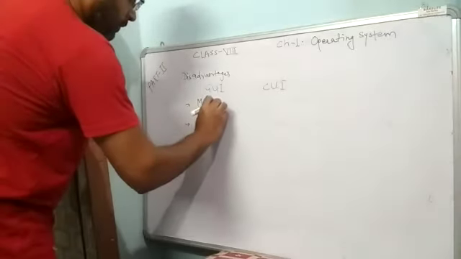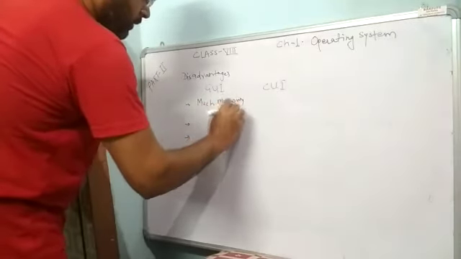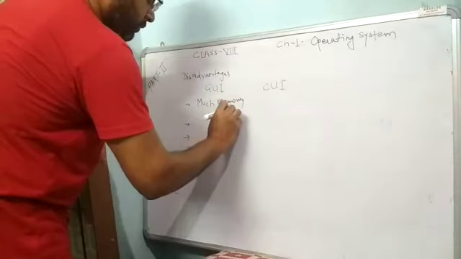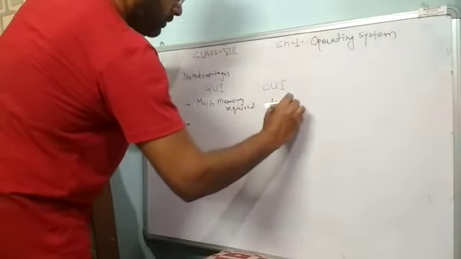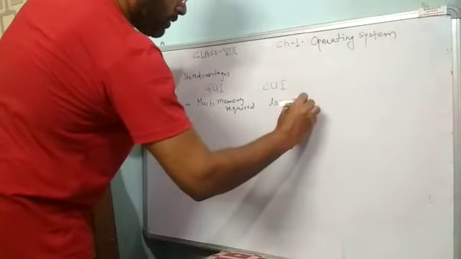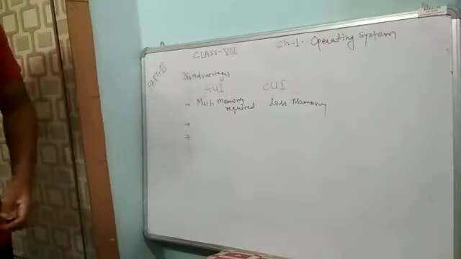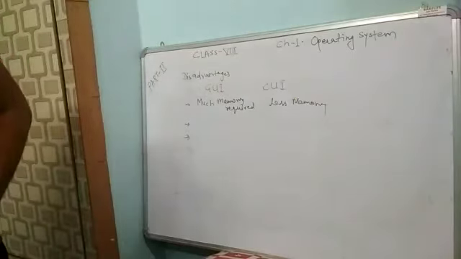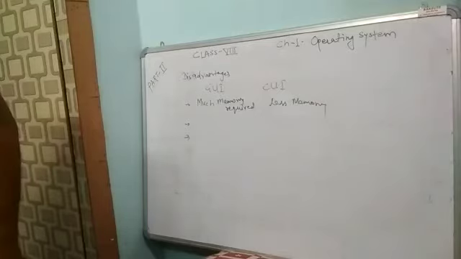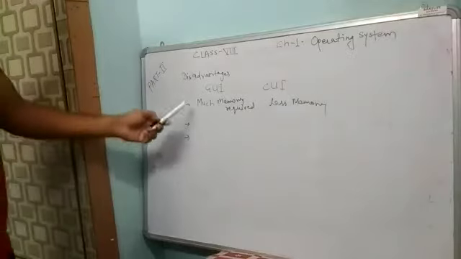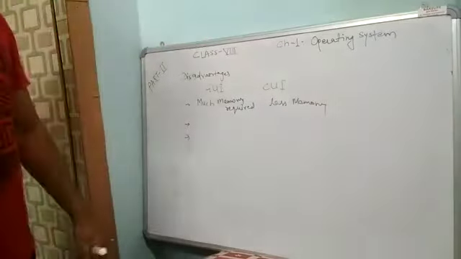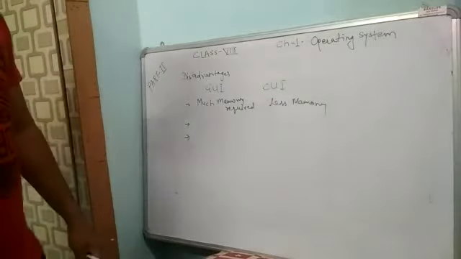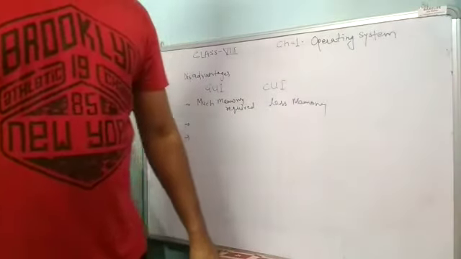Much memory. Okay, the first disadvantage is GUI type of operating system requires much memory on the RAM.